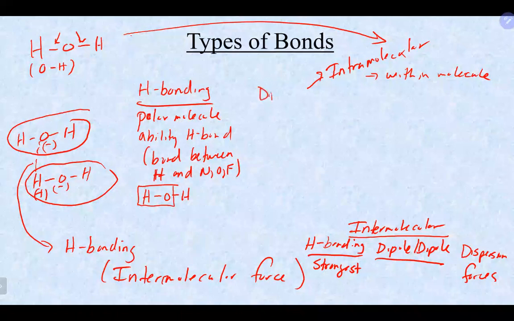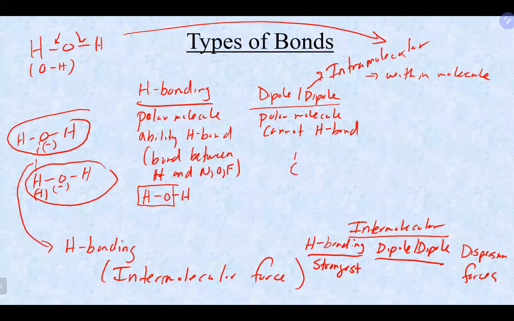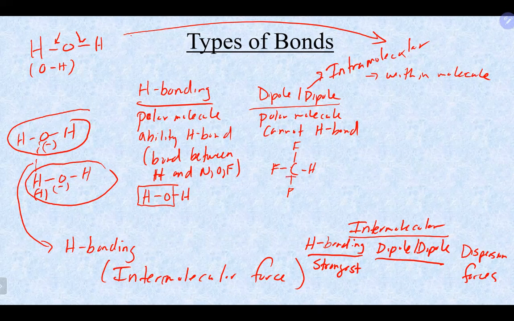It makes a really nice, strong attraction force between them. Dipole-dipole interaction is really where we have polar molecules that cannot hydrogen bond. So this is the main force for polar molecules that really cannot hydrogen bond. For example, just randomly off the top of my head, we'll draw something like this. This molecule here is a polar molecule, but it does not have the ability to hydrogen bond. You may say, well, isn't there a hydrogen here?